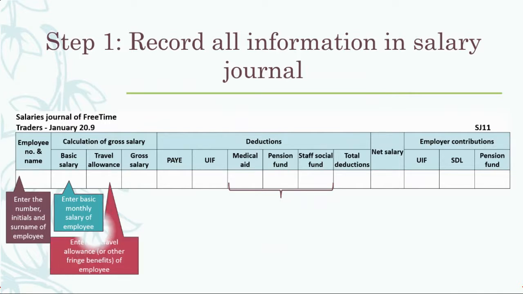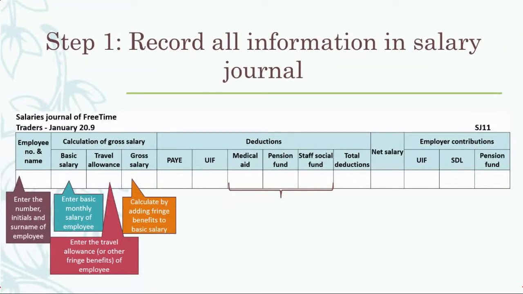Your travel allowance or any other fringe benefits will then be shown separately, and any overtime will be shown separately. Then you add the basic salary, the travel allowance, any overtime and any other fringe benefits to get to your gross salary. So that is the sum of your basic salary and any fringe benefits that you receive.